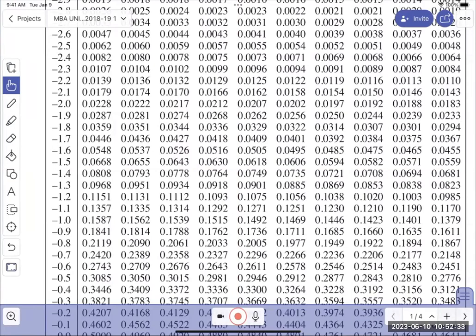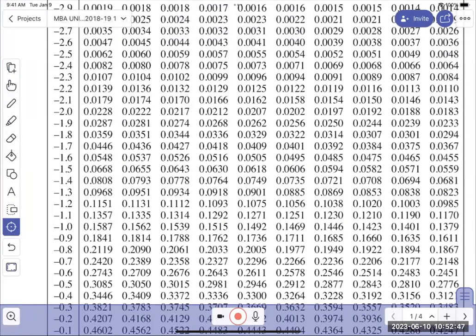So it looks like over here between these two. So you have to be negative 2.3. This one's closer.